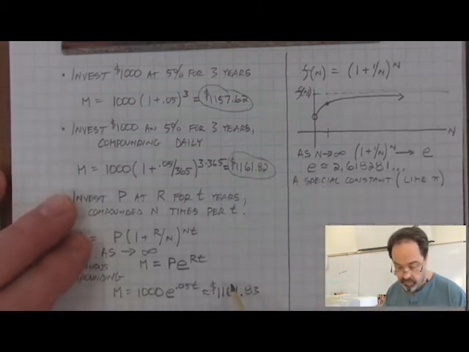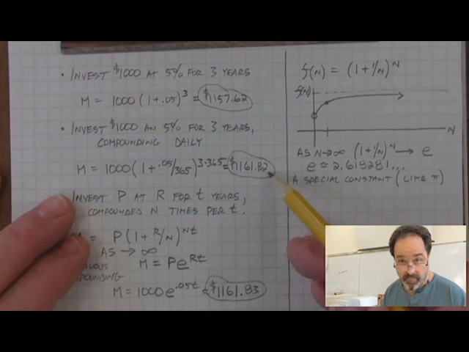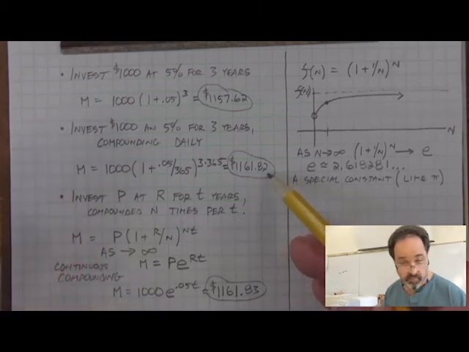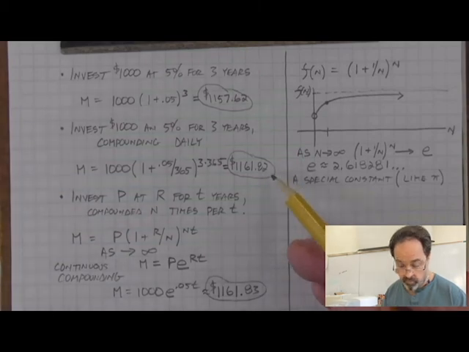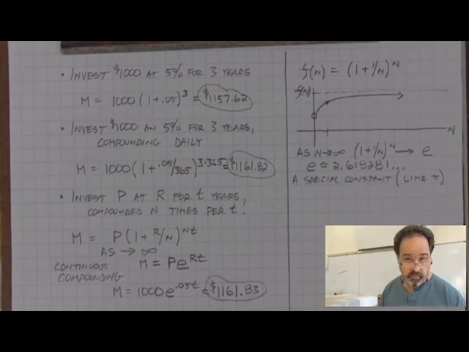But if you compound an infinite number of times, which is many times more, obviously, than 365, you're only going to get 1 penny more per year. This exemplifies what we call diminishing returns. The more you compound, the more you get, but then also the less you get in addition.